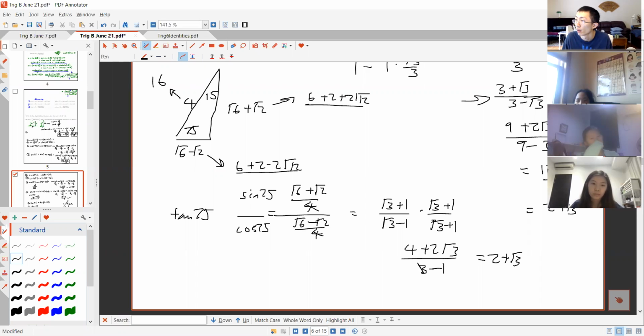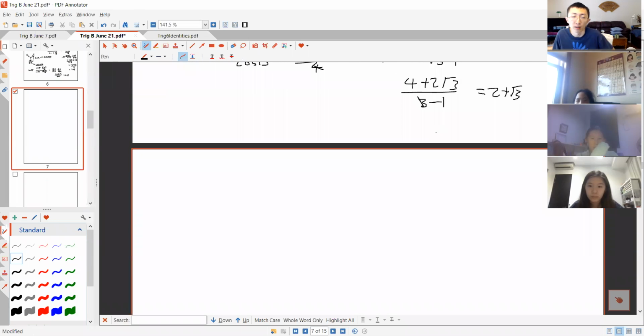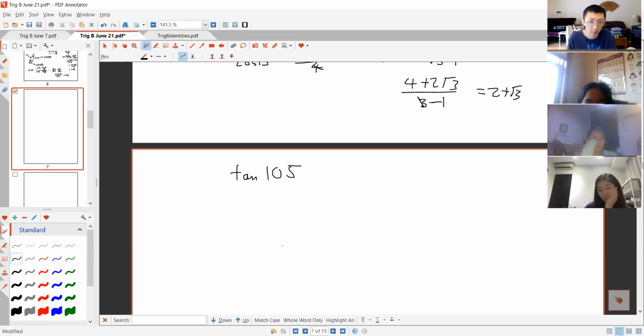Okay. So let's try. Okay, so here's something. How can we get tan of 105 using what we found so far? So there's two ways. So here's 105.